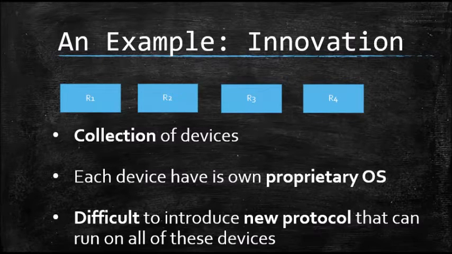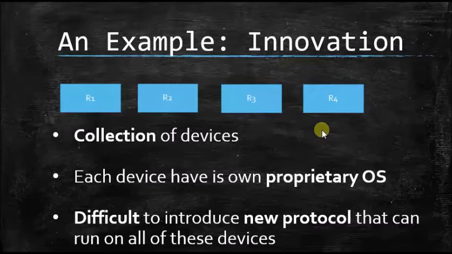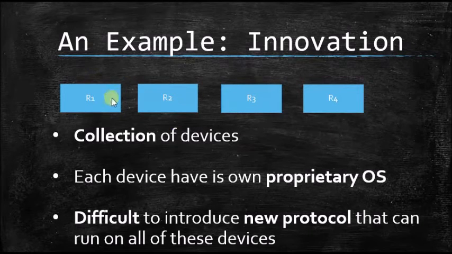Each of these devices can be from different vendors like HP, Cisco, Huawei, Juniper, etc. And each device from a different vendor will run its own proprietary OS. Because of this, it is very difficult to introduce any new protocol and run it on devices which belong to different vendors, each with their own proprietary OS.